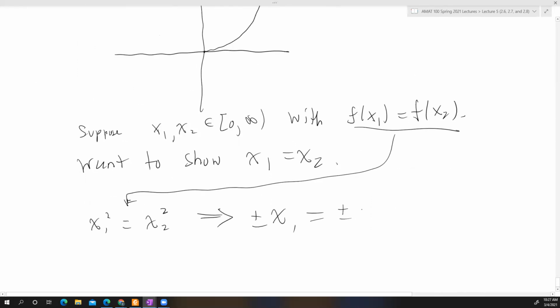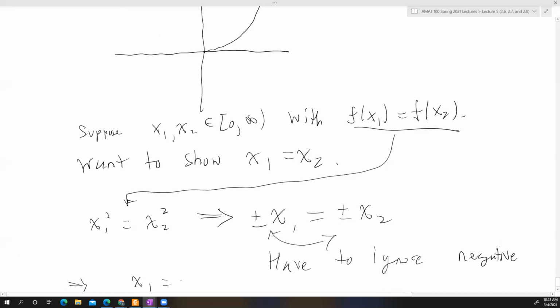I have these plus and minuses, but we know that we can't have negatives because remember we started with x1 and x2 being positive, so I have to ignore negative roots because neither number is negative. So that means they're both positive, right?